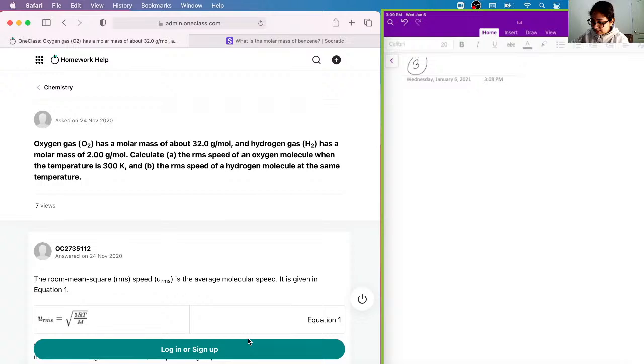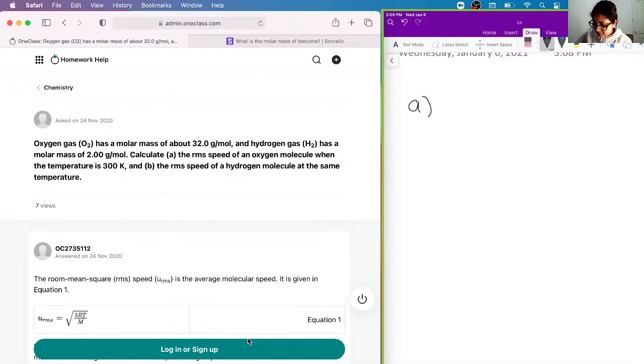So for A, we have to find the RMS speed of O2 at 300 Kelvin. We have an equation here.